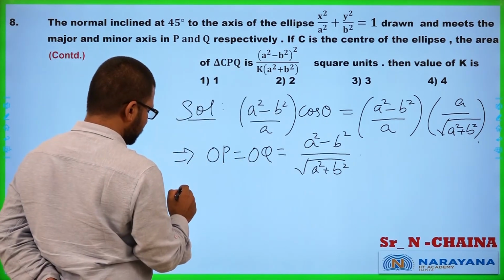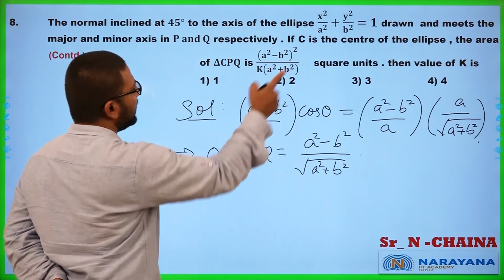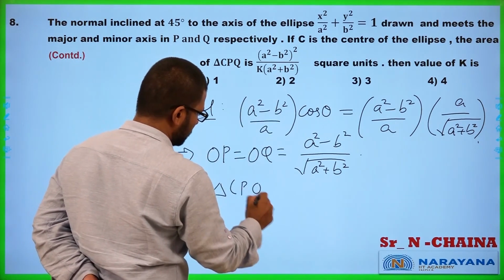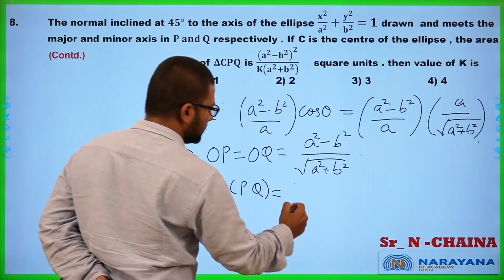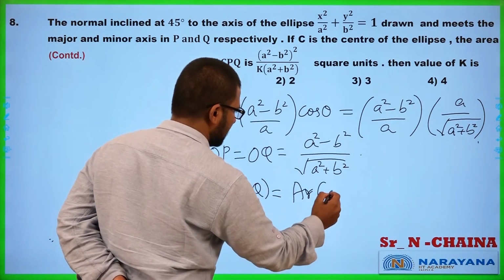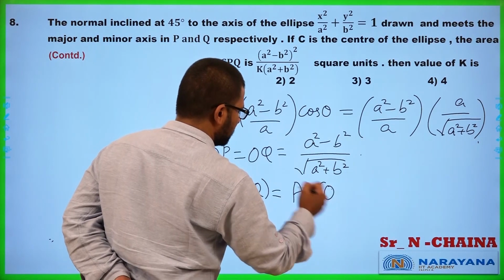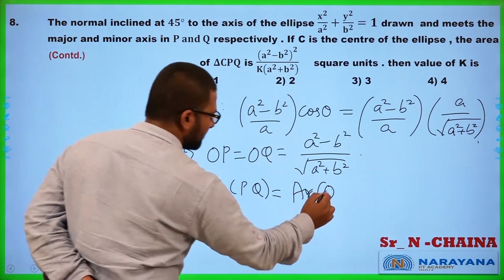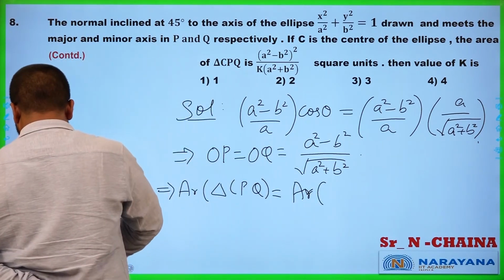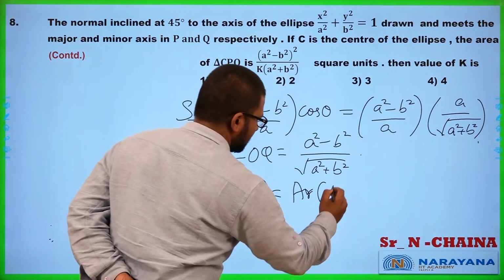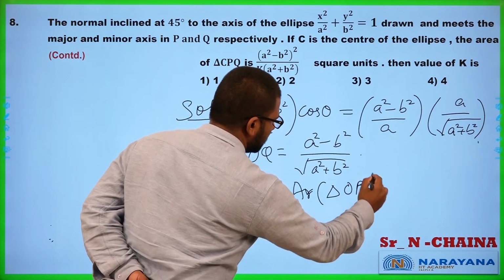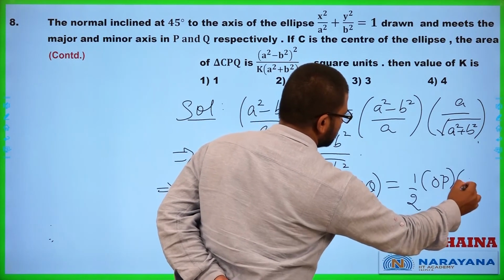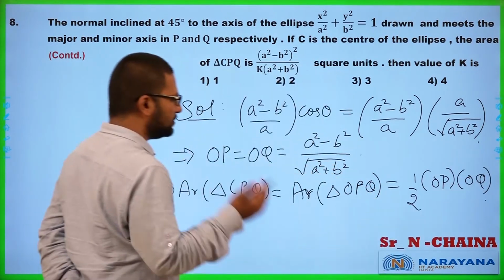But we have to find the area of triangle CPQ, and C we are using because we know C and O are the same. So it is the area of triangle OPQ, which is half of OP into OQ, because it is a right isosceles triangle.